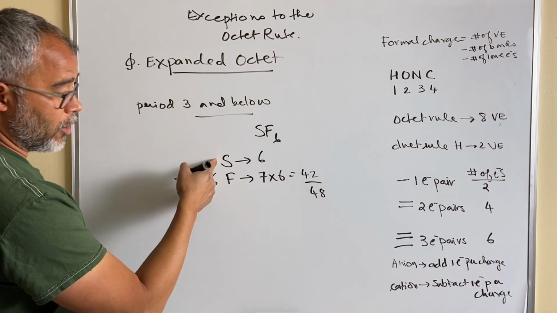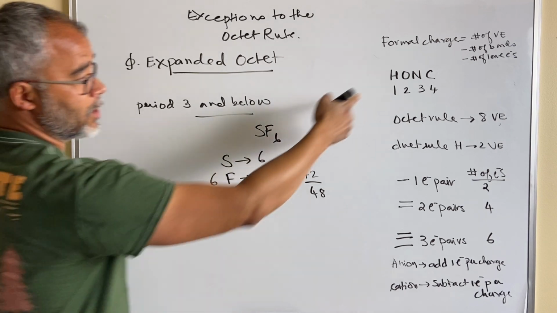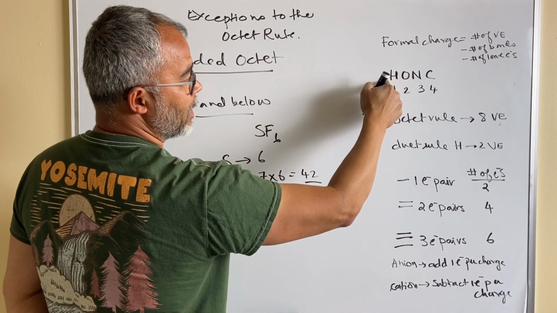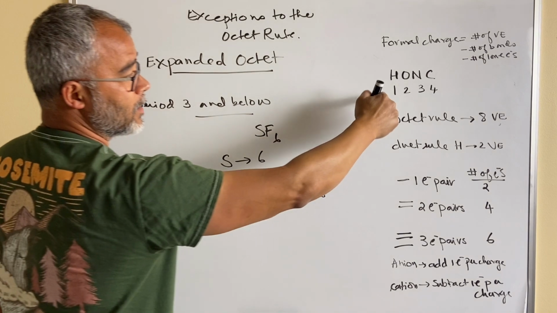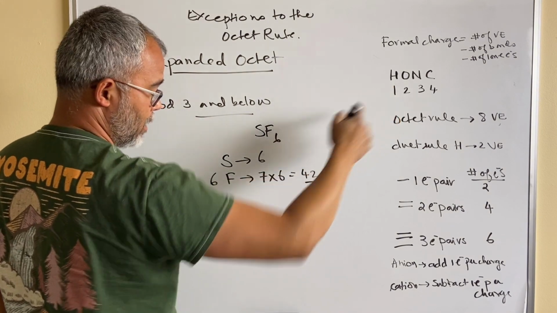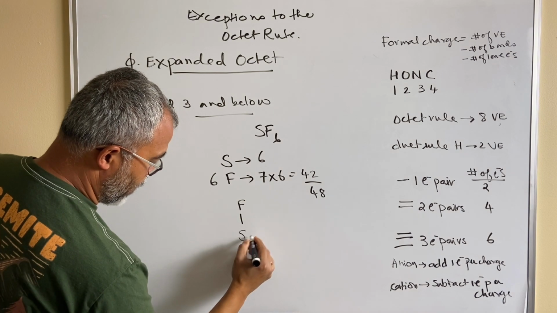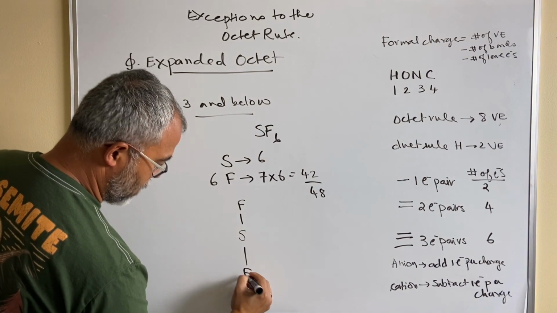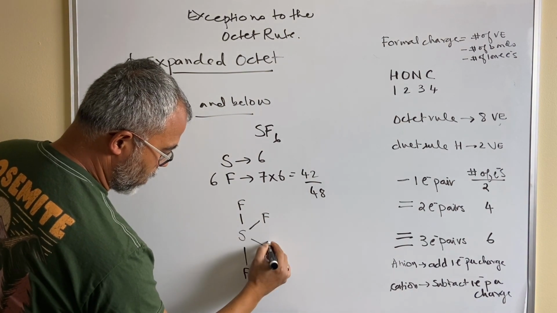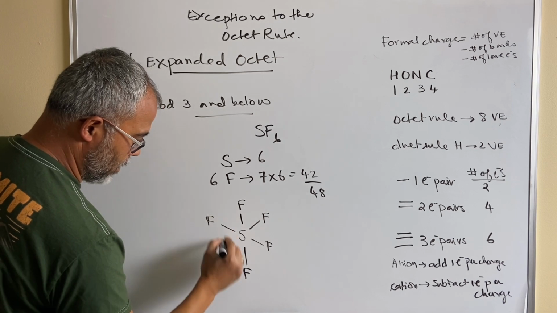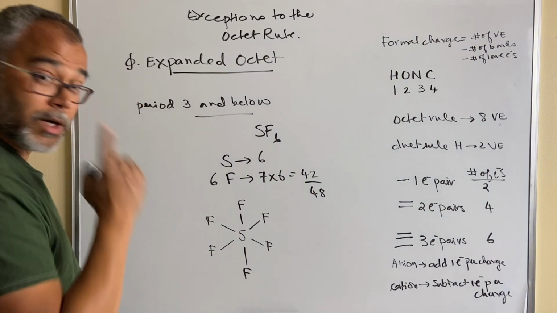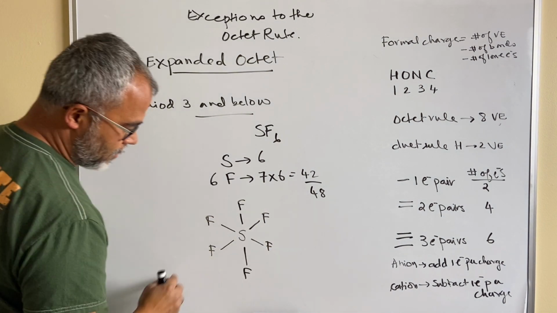Let's put sulfur in the center, and using the HONC 1, 2, 3, 4 rule, if you recall, the H also stands for halogens. Therefore, the fluorine is going to form 1 bond. So if you put sulfur out here, there's fluorine, here's another one, another one, another one, and another one. So you have all these fluorines.